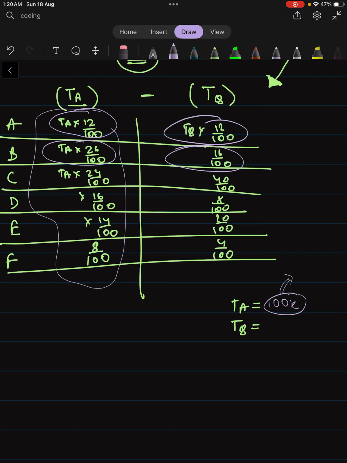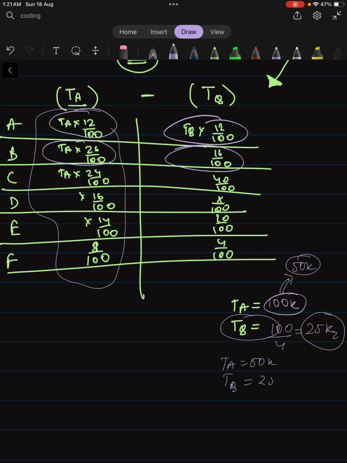You can find the common factor in all of them, and you will realize that 2 is the only common factor here. So 50k can be the assumed value of TA. Similarly, for TQ, the common factor is 4. So 100 by 4, which is 25k2, can be the assumed value of TQ.